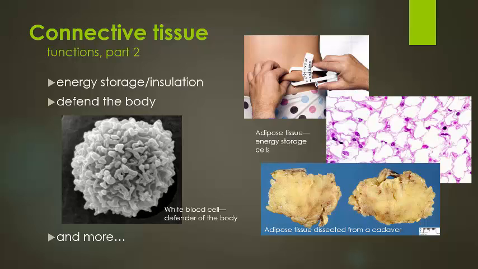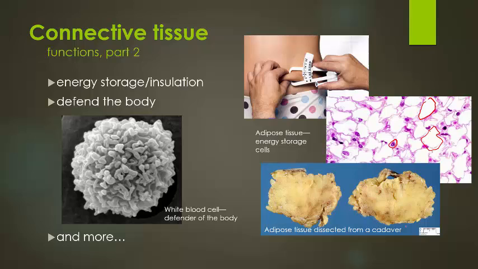And so here we have someone taking a measurement of how much body fat is stored underneath the skin at the waist. This is a slice through adipose tissue, and so all this empty space that we see inside the cell is not really empty. It's actually filled with a fat droplet, and the nucleus is squeezed off to the edge of the cell, so there's no room for anything else but a fat droplet really inside the cell.